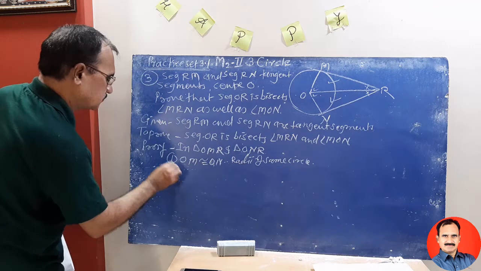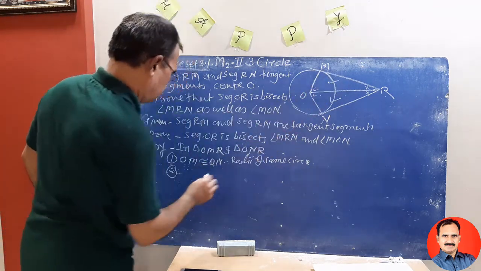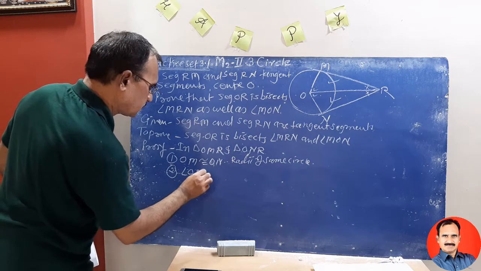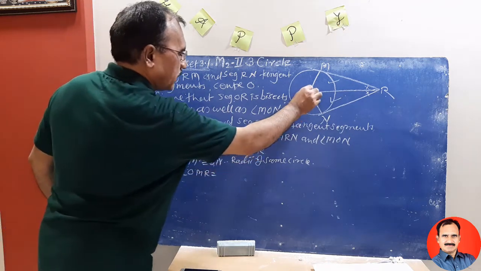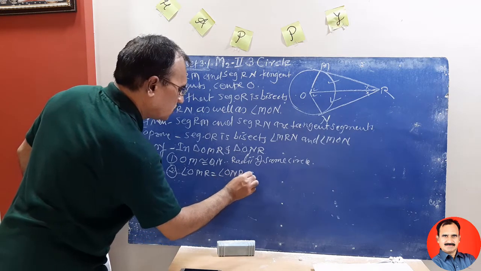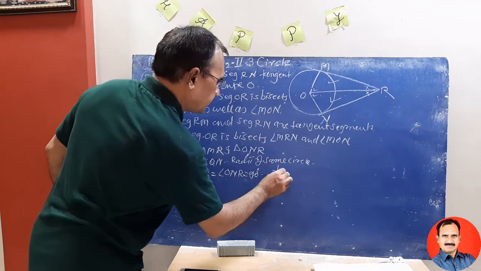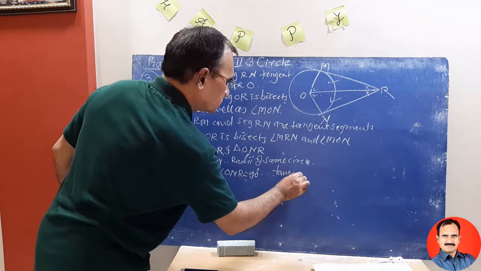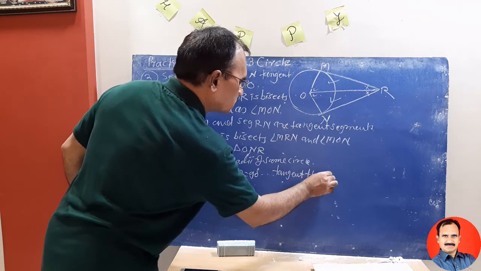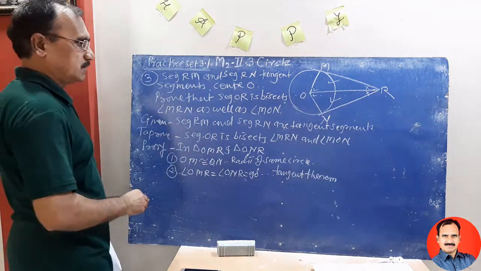Then angle OMR is equal to angle ONR, equal to 90 degrees, by the tangent theorem. We know this theorem is on page number 51.